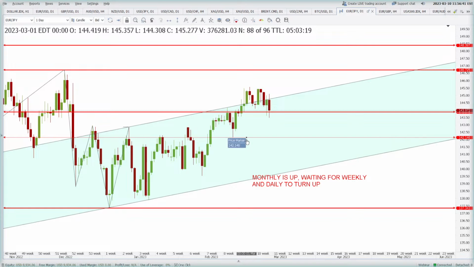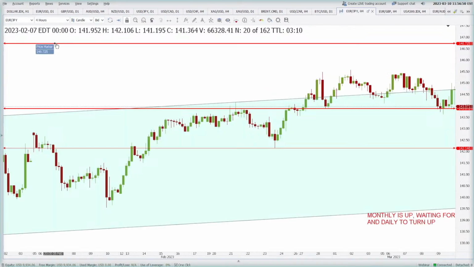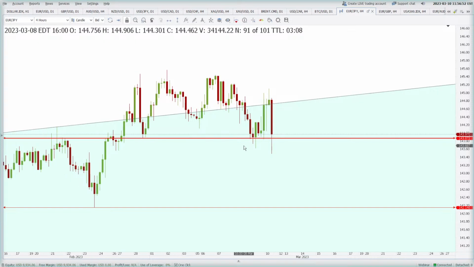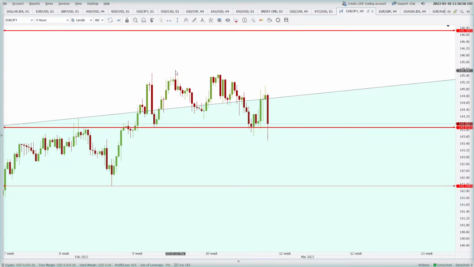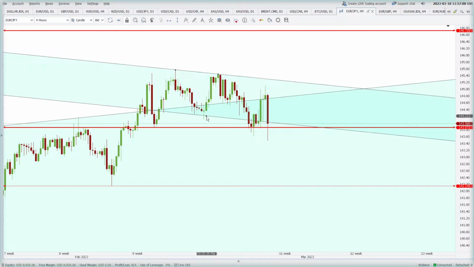Till the time the price is beyond 142.14, I think we should be looking for the buying opportunity in the yen. From the daily and 4 hourly, it looks like a beautiful channel forming up here. This is called a consolidation channel, the highest high and the next high, and thereafter the next low here.